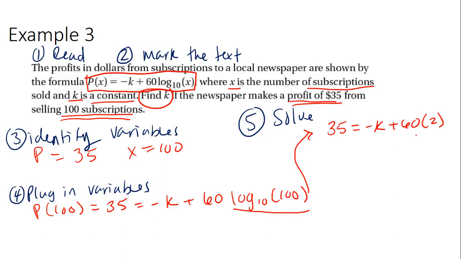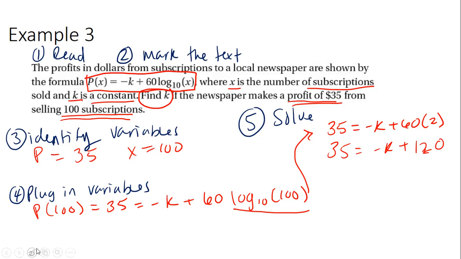So we took something that was algebra 2, and now it's middle school math, right? Is it times 60 or plus? It's negative K plus 60 times 2. And what do we need to do to solve for K? Okay, so we're going to first multiply, and we get 35 equals negative K plus 120.